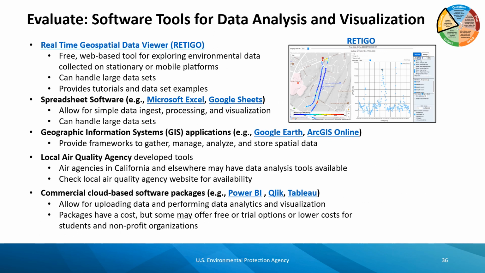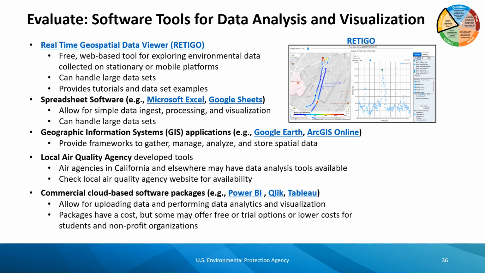Many software tools are available to assist you with data analysis and visualization. These next two slides go over some of the options and their features. The Real-Time Geospatial Data Viewer, or RETIGO, is a free web-based tool for exploring environmental data collected using stationary or mobile platforms.